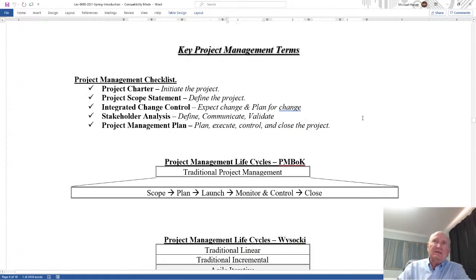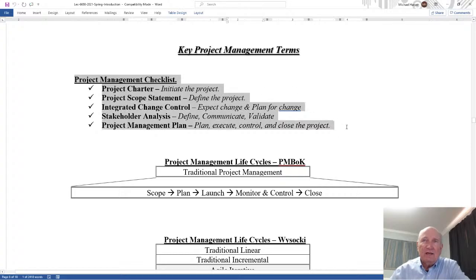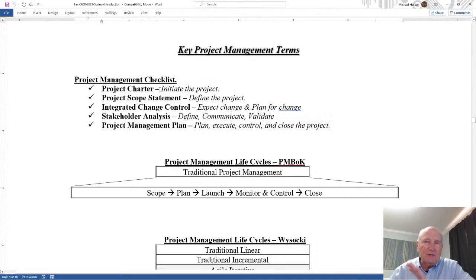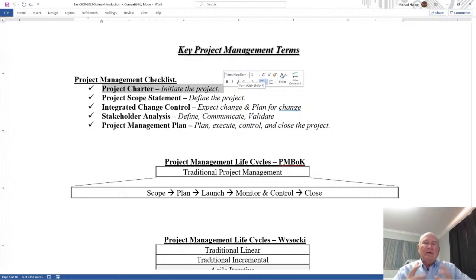Okay, key project management terms. The project management checklist here: you initiate the project, define the project, expect change and plan for change. Again, this is my list, so let's go through this briefly. First of all, the charter. As we will see in the traditional approach, one of the primary aspects of a charter is to initiate the project.